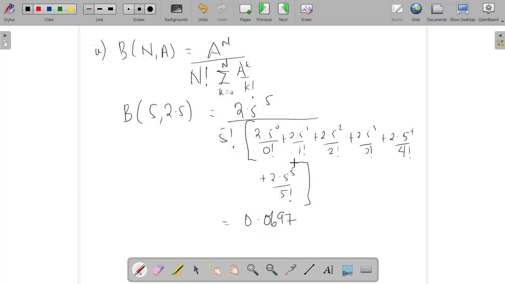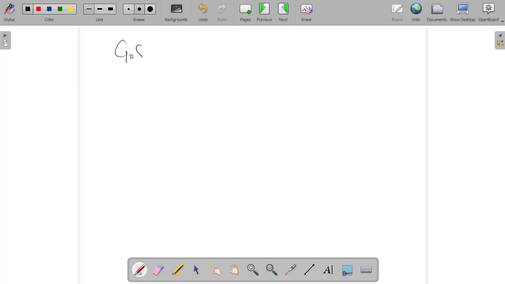Once we simplify, we're going to get our grade of service or the blocking probability to be equal to 0.0697. Then the last question is asking us to find the amount of lost traffic. By using the relation, our grade of service equals the lost traffic divided by the offered traffic, you can see that our lost traffic is going to be equal to the grade of service times our offered traffic.